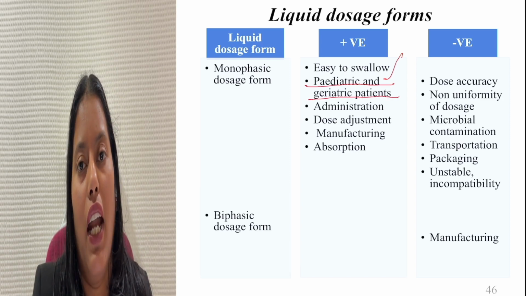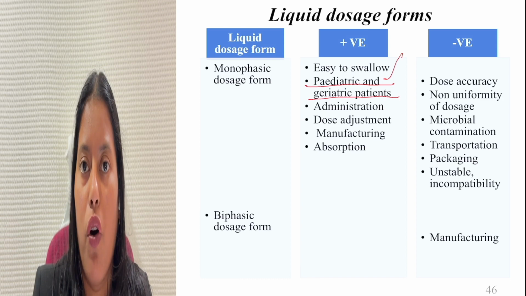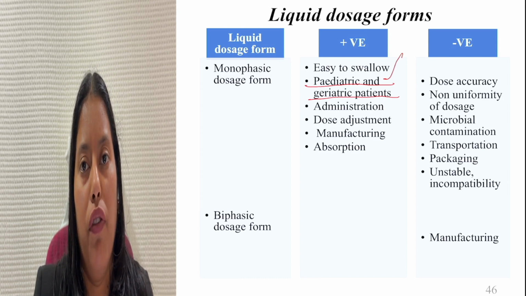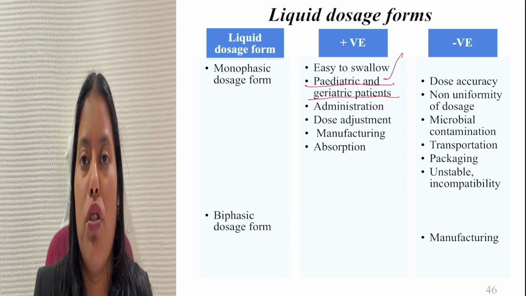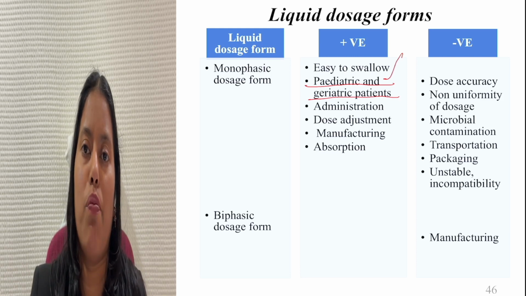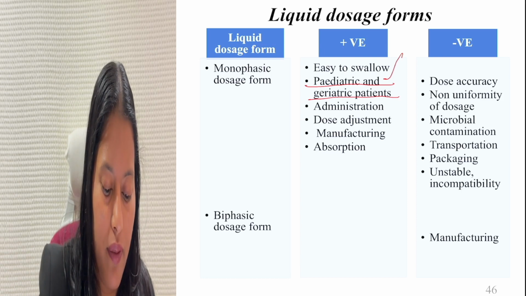For kids and old age people, it is difficult to swallow a big size tablet, big size capsule or powder in greater quantity. But a spoonful of liquid is very easy to swallow for old age patients and kids, and hence it is more friendly and acceptable for pediatric and geriatric patients.